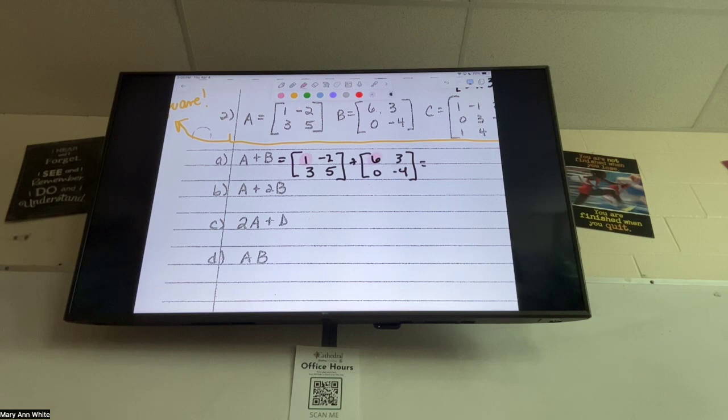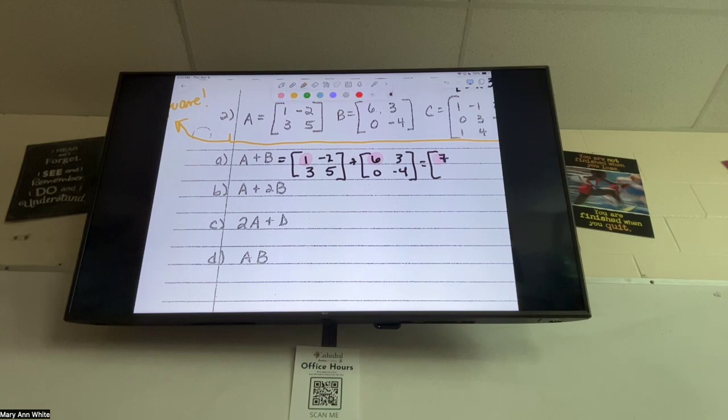I'm gonna add those two together. Now, if this on the outside was a minus, we'd minus them. But when you add and subtract, you just look where they are in the same spot and add or subtract those, combine those together. So in my new matrix, the top left is gonna be the first top left, which is 1, plus the second top left, which is 6. So that's just gonna be 7.